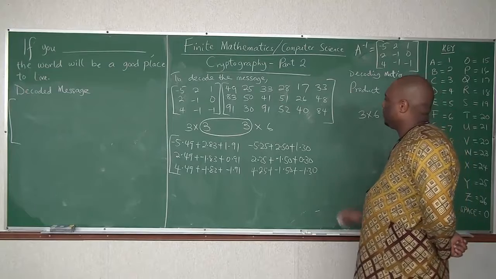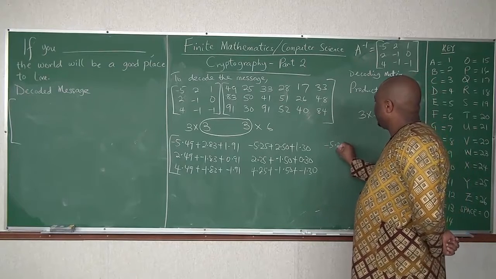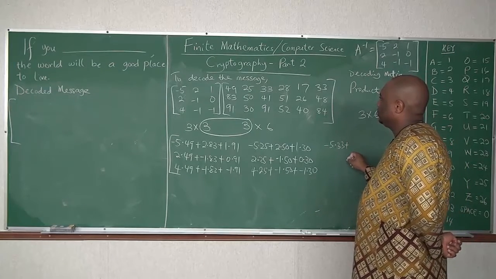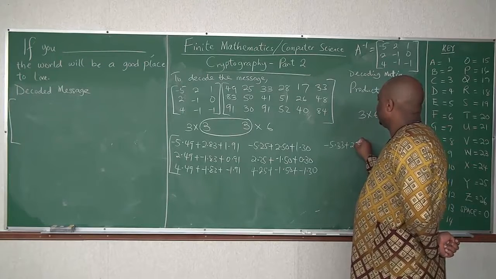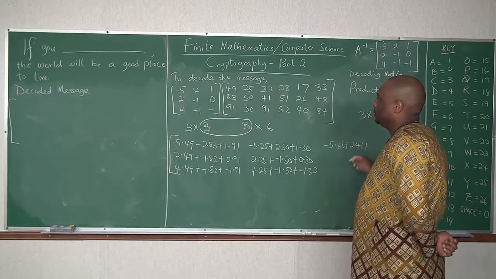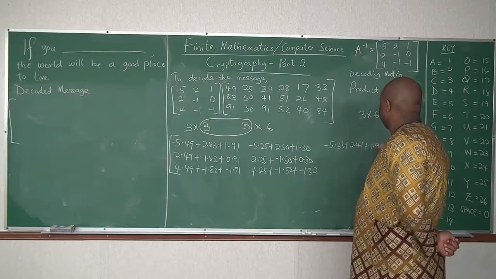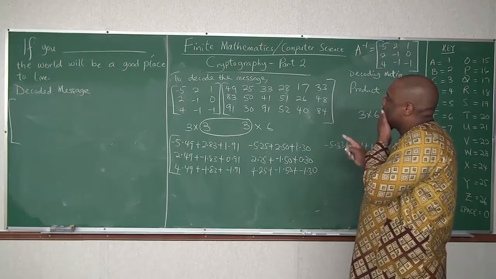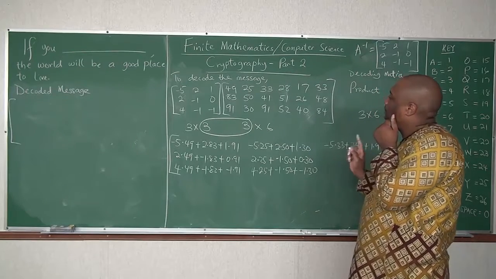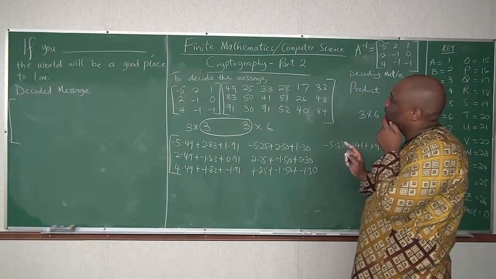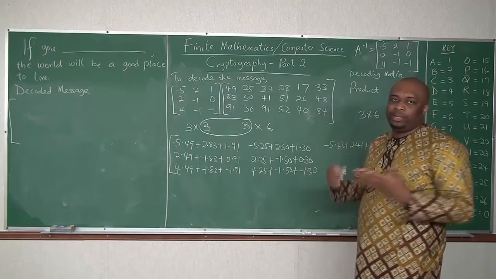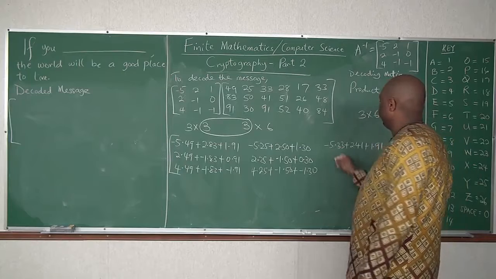Top column, -5 times 33 plus 2 times 41 plus 1 times 91. Negative 5 times 33 plus 2 times 41 plus 1 times 91. We are doing this step by step, okay?